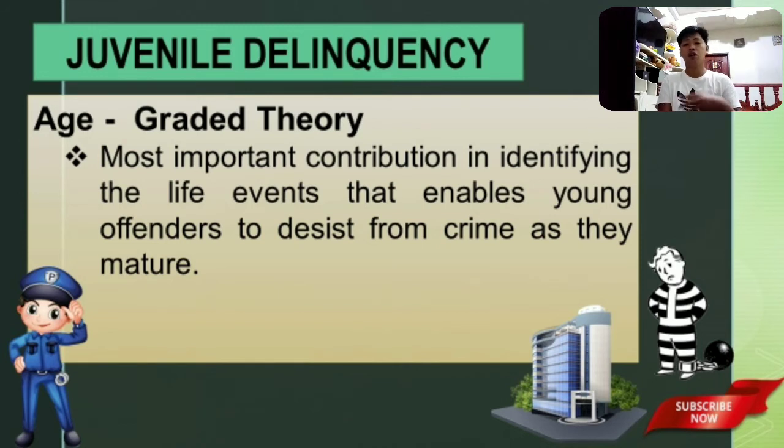Meron kasi yung na-point out nila na two common turning points in life that when we are about to cross them, pagdating natin sa punto ng buhay na yon, doon tayo magkakaroon ng second chance either to desist or to continue with our delinquent behavior.